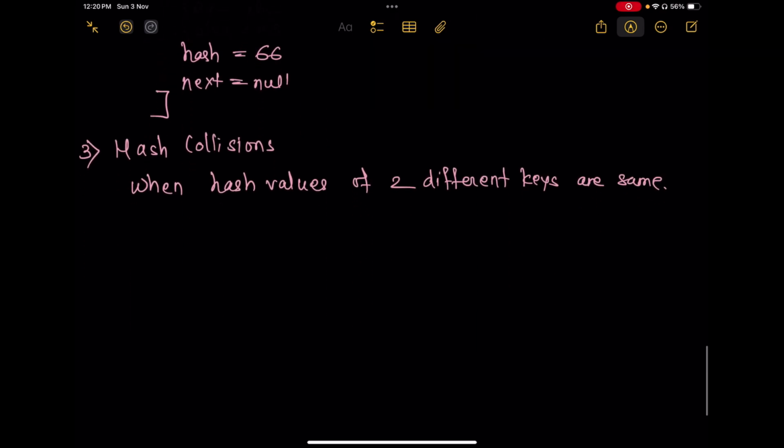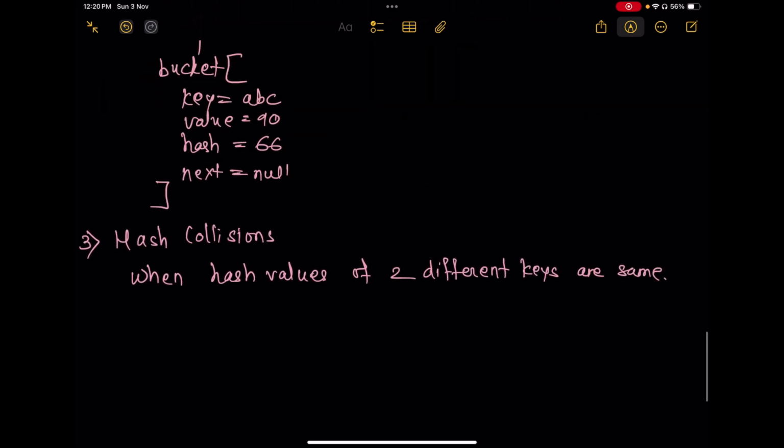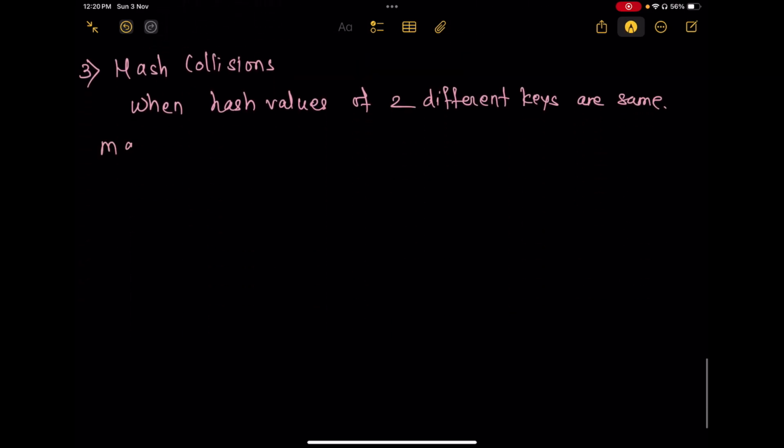So let's see an example of how hash collisions can occur. We have already put this value in our hash map. Let's try to insert BD. What is the hash value of BD? B was equivalent to 2 and D is equivalent to 4. A is equal to 1, B is equal to 2, D is equal to 4, C is equal to 3, right?